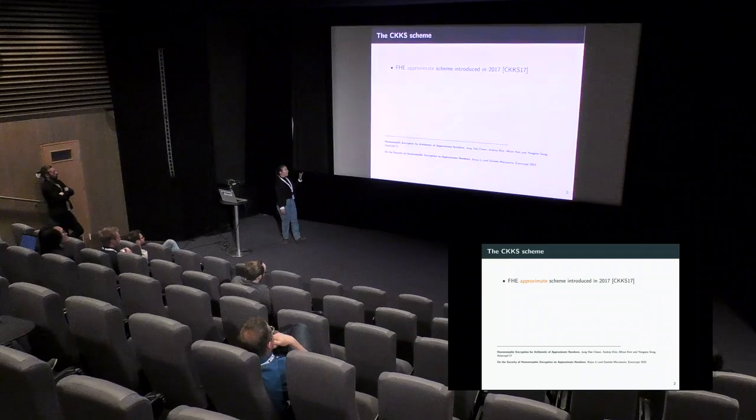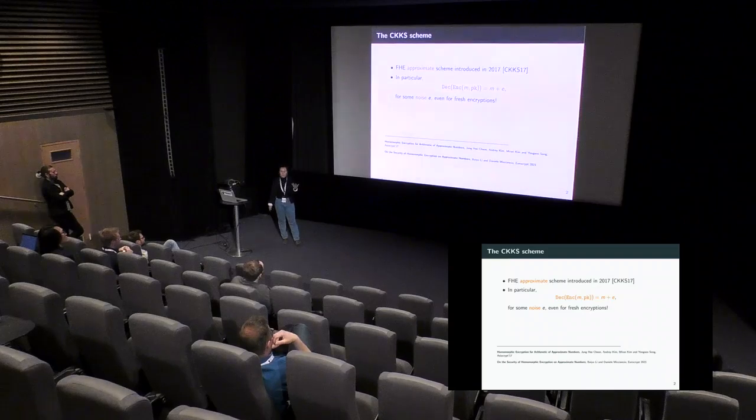I'm going to particularly focus on one scheme, which is CKKS, which was introduced at Asiacrypt in 2017. One feature of this scheme is that it's an approximate FHE scheme.